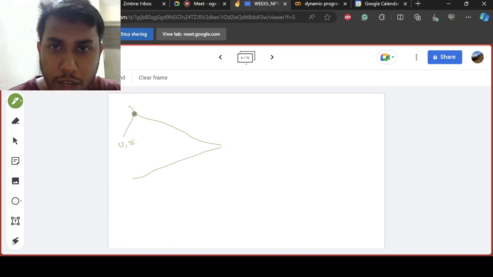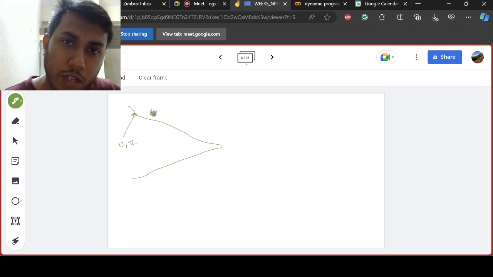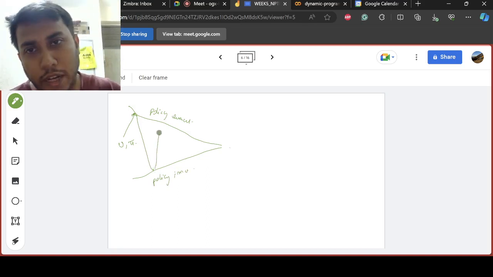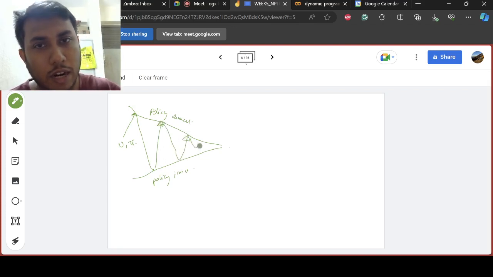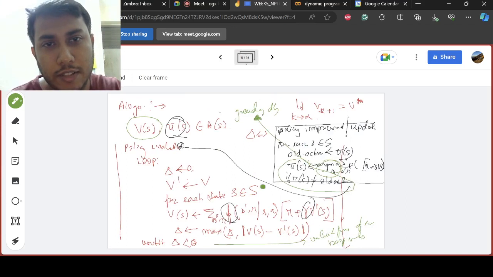Here you have policy evaluation, and then policy improvement. So you are calculating the value, then you are again coming back to calculating the pi, that is your policy. Then again and again, and you are ultimately converging to your v star and pi star.